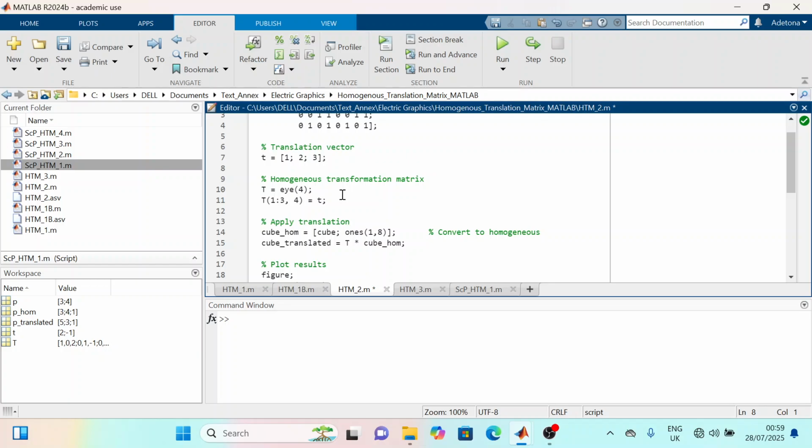To generate a 4 by 4 matrix, we use the I function of 4. It is loading this variable t with the identity matrix of 4. But you see, the fourth column of the identity matrix is supposed to contain t, which is the translational vector, and that is going to be 1, 2, 3.